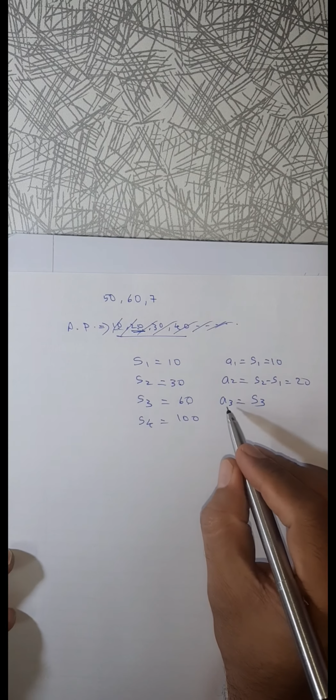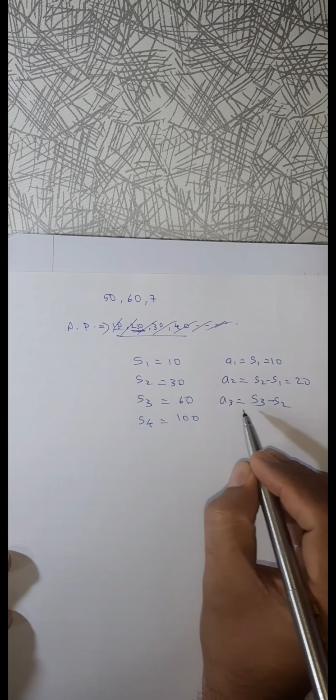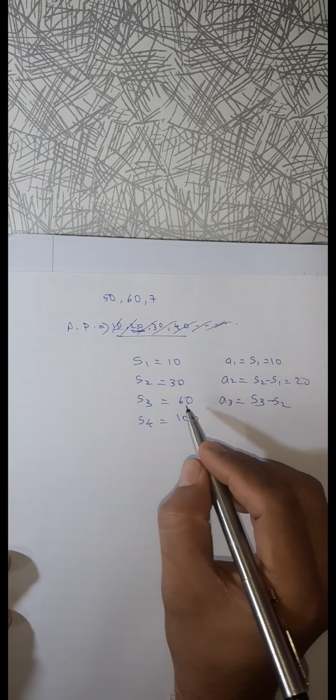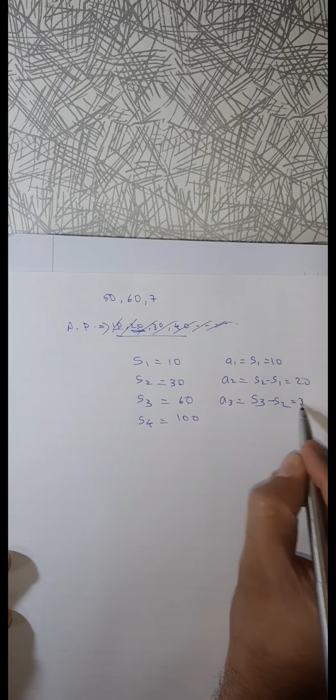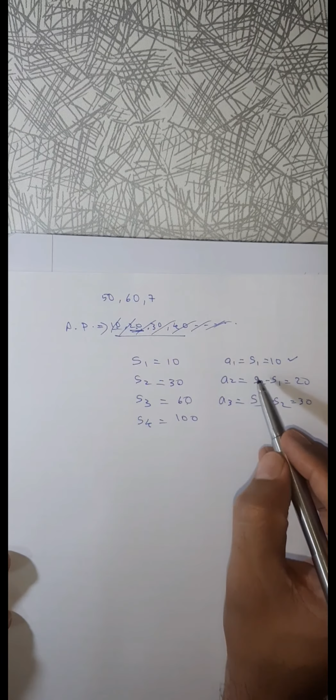So A3 means S3 minus S2, meaning the sum of 3 times, 60 minus 30, is going to be 30. The first term is the same as S1 only.